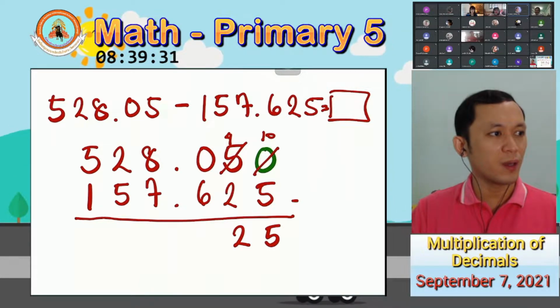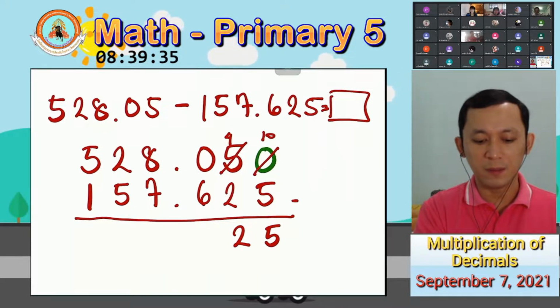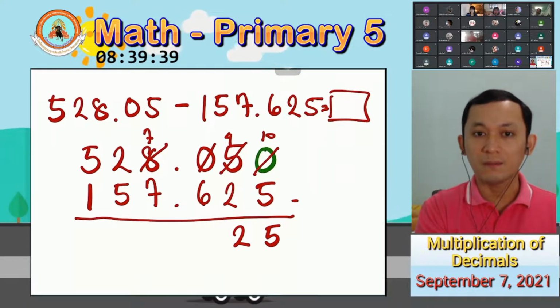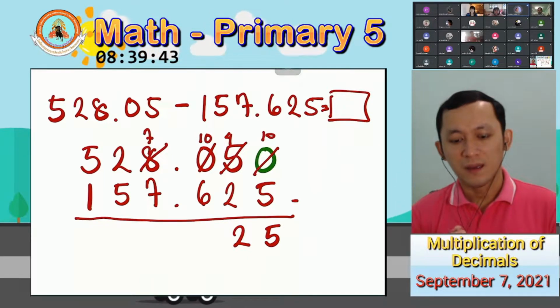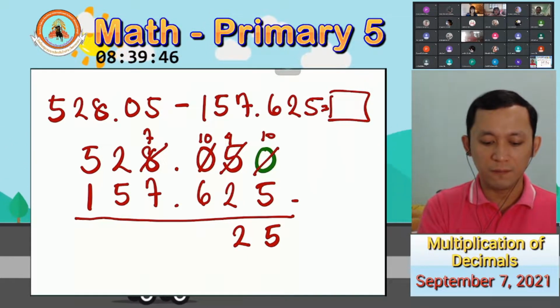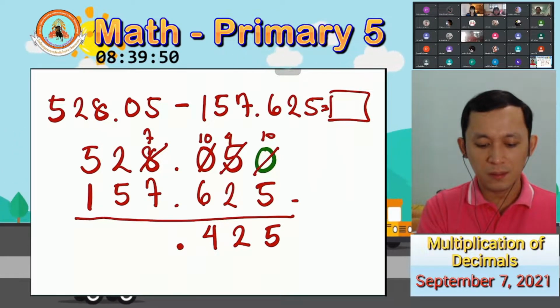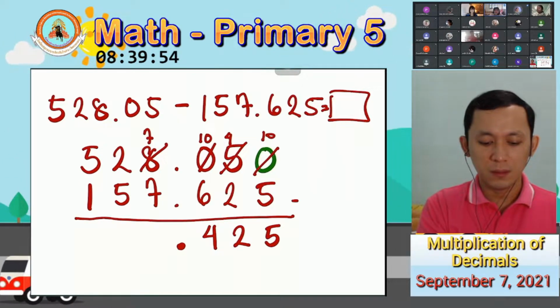So we borrow 1 from 8. 8 became 7. And 0 became 10. 10 minus 6, we have 4. Do not forget your decimal point. 7 minus 7, we have 0.